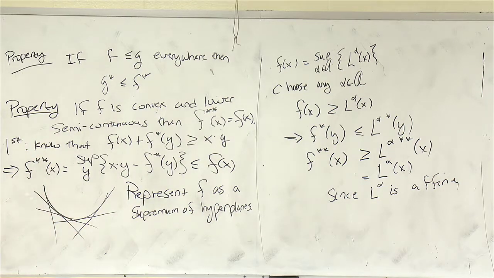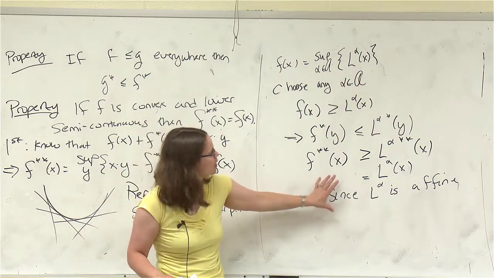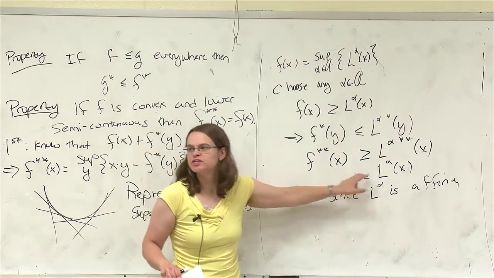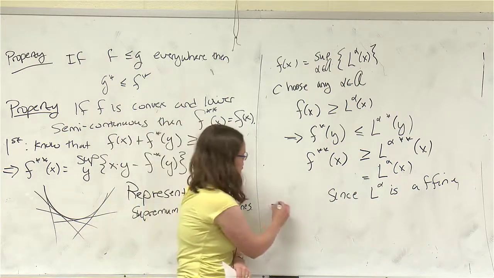So this is always true. I should just choose any one of these hyperplanes. I don't care which one. This property goes through. And that means if I take the supremum of all of these hyperplanes, this property still holds.